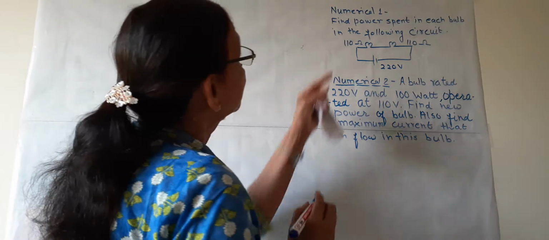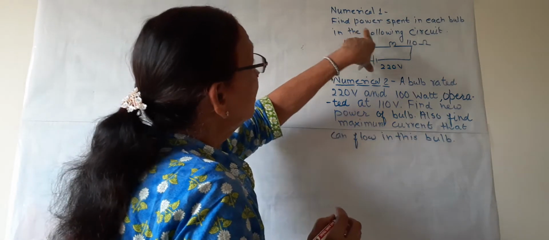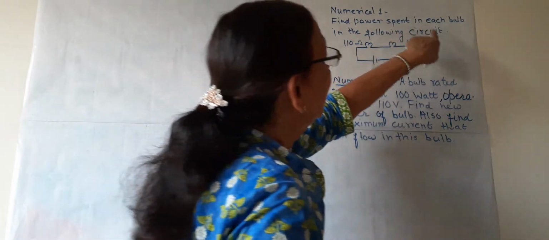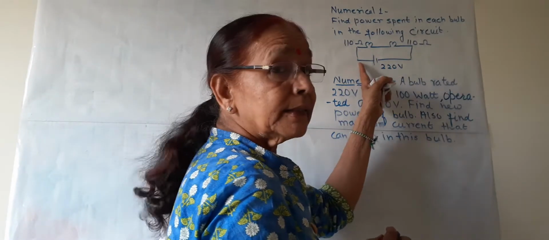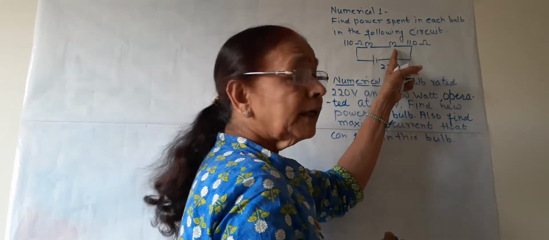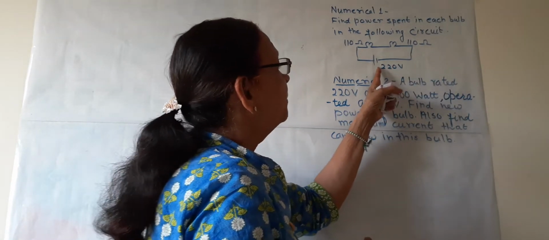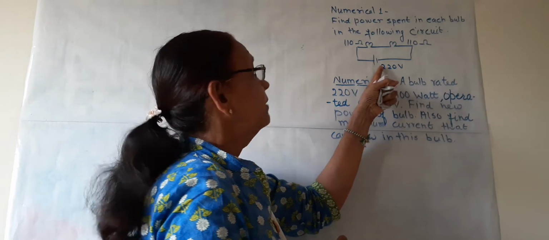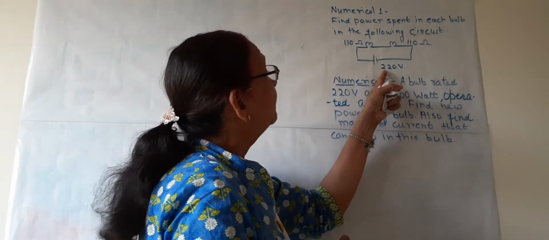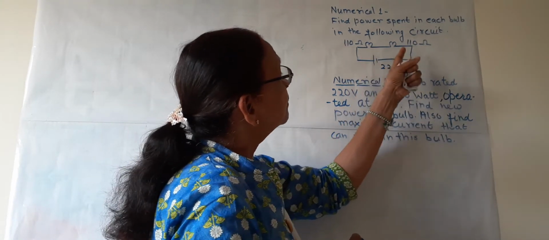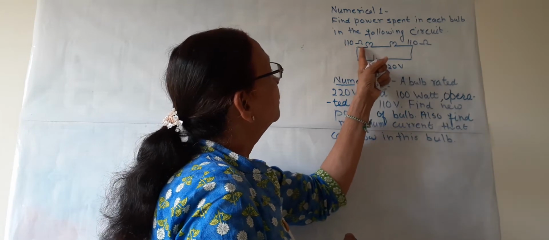So what is the first one? Find power spent in each bulb in the following circuit. This circuit is given, two bulbs are given, and the supply voltage is 220. This is the voltage of the battery, and the resistance of each bulb is 110 ohm.